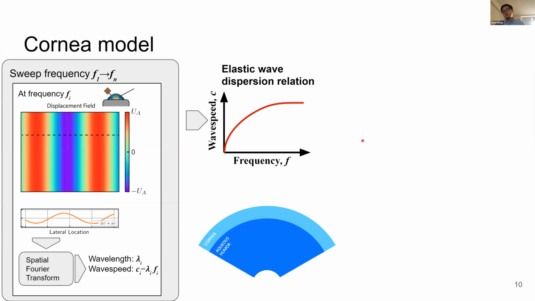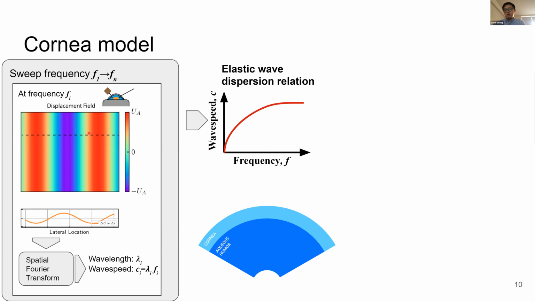To connect our cornea model with our OCE measurement, we will use the elastic dispersion relation that describes the dynamic behavior and is controlled by the material model. In the experiment, we mechanically excite the sample at a frequency f, and we detect the displacement field.